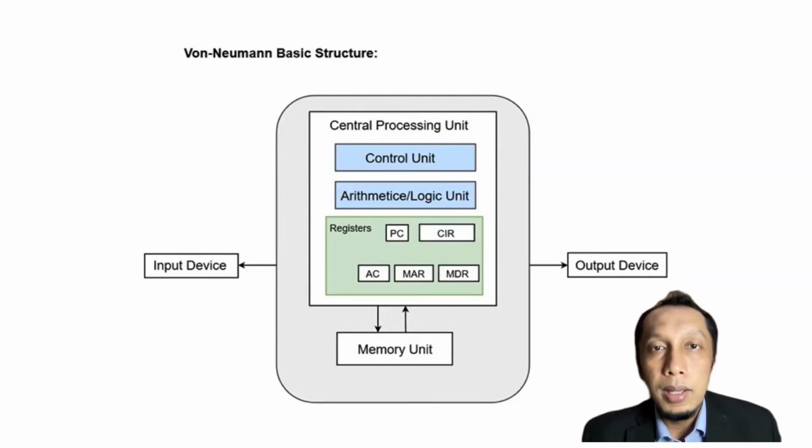The memory unit is where the result of that calculation process is stored. Any digital device nowadays follows the von Neumann basic structure, whether it is a computer, a laptop, a gadget, an iPad, a mobile phone, anything. It essentially follows the von Neumann structure.